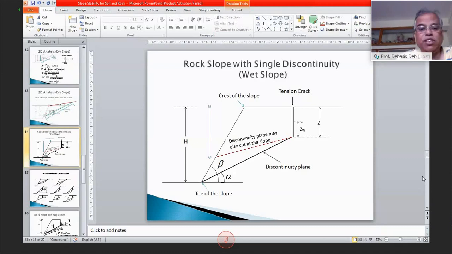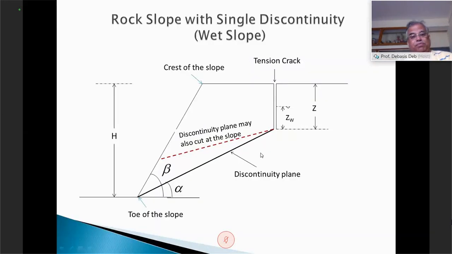Okay, this is what the edge is. Then it is dipping at an angle alpha here. So this will be angle alpha. So you should not think that it can only cut in the toe. It can cut anywhere. That is what I am trying to tell you here.